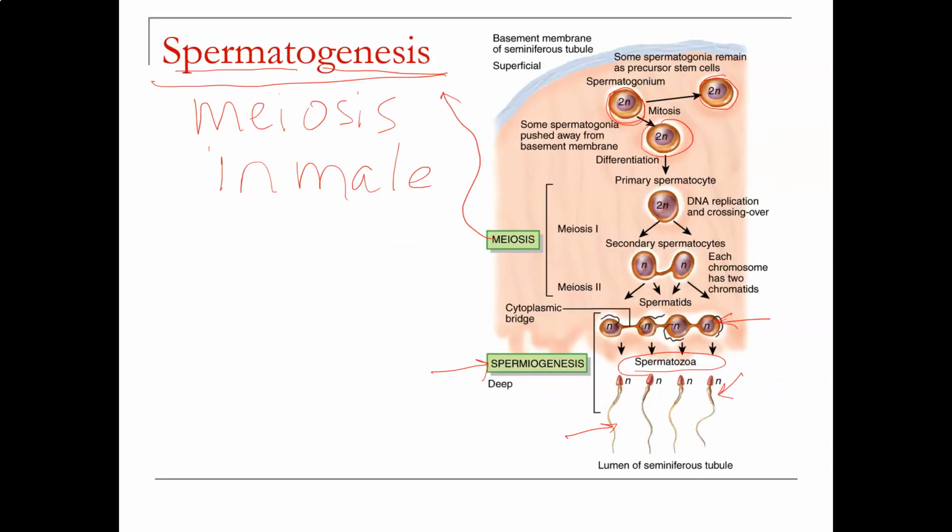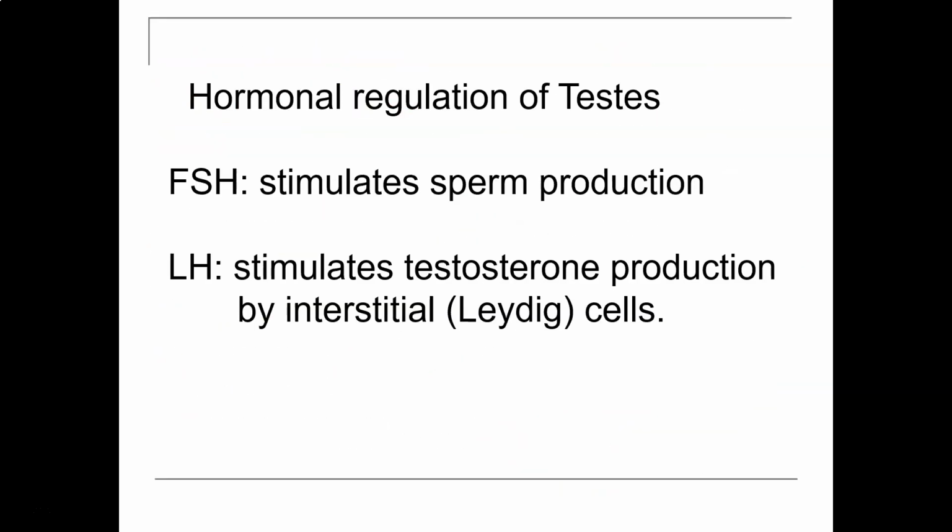So back to my last slide, or next to the last slide. This is something you already learned, so this should be a review. But it's going to come up again on your final, so review it if you need to. Remember that the main hormones that regulate testes and ovaries are FSH and LH, made in the anterior pituitary gland.